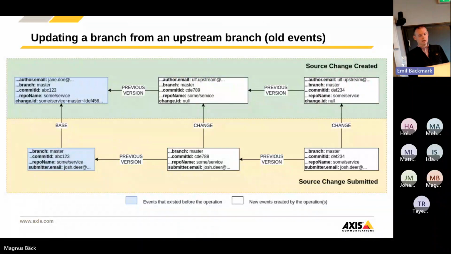Here you could argue that you shouldn't have to send source change created, since in this example there is no Gerrit change connected to them, because this one is null, and we just send a source change submitted. The spec isn't really clear on what the correct behavior is, but this is how we've implemented it anyway. So we always basically have source change created and submitted. They always come in pairs.